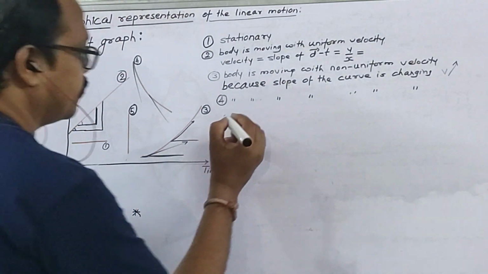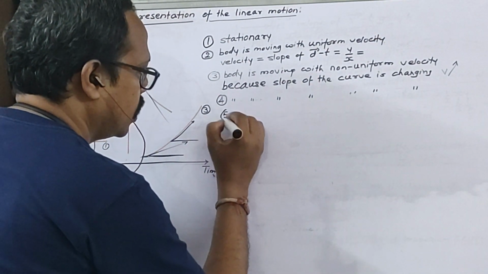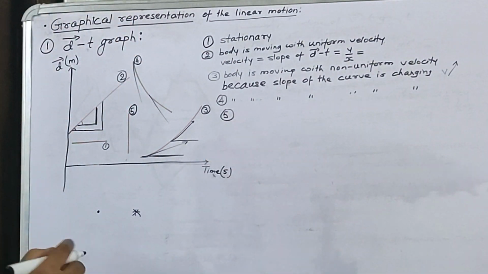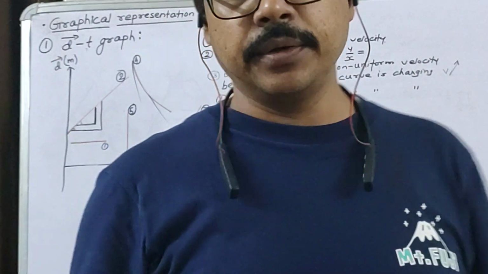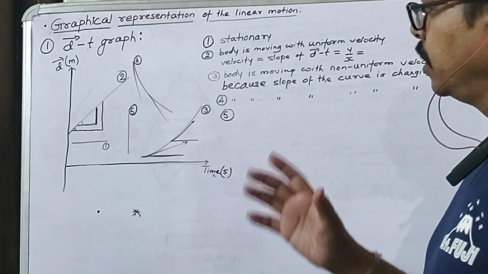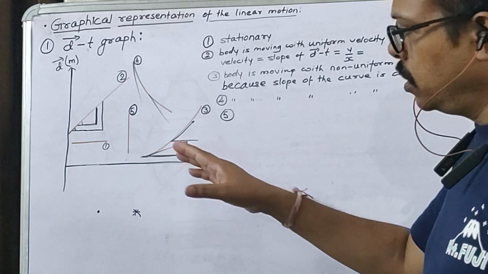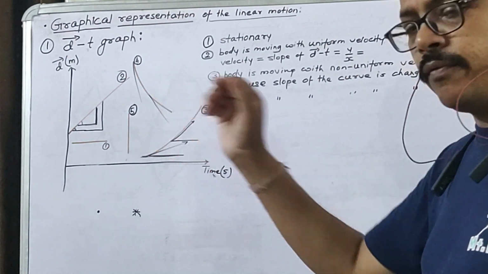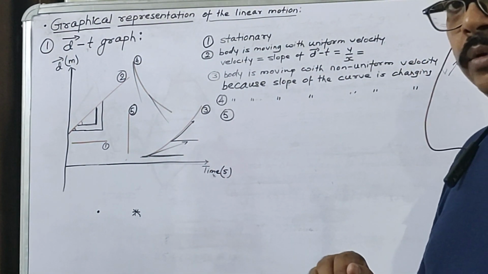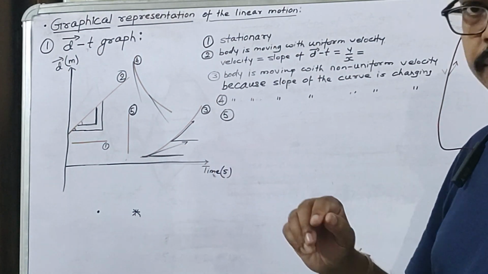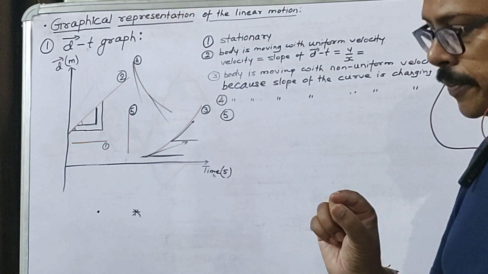Now the last graph, the graph of object 5. Think about what we can comment on this graph. Is it possible to have this kind of graph?